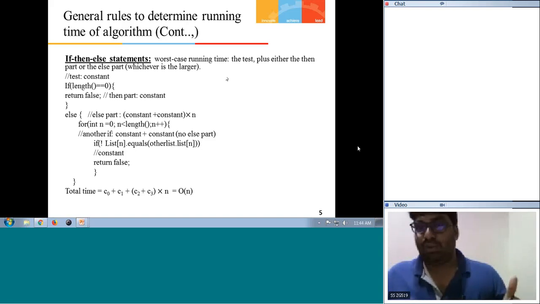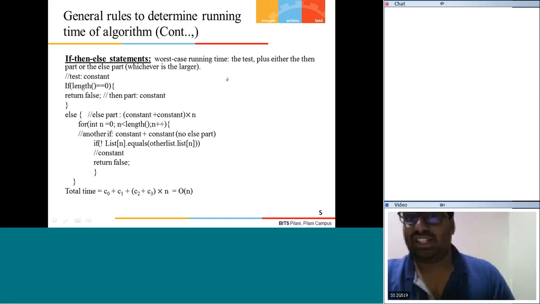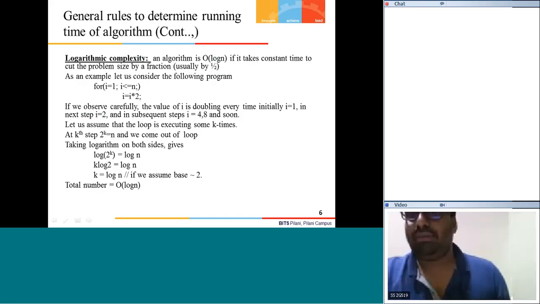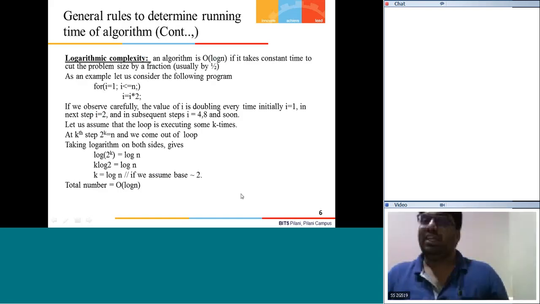Okay, got it. So I'm moving to the next discussion, that is logarithmic time complexity. Before going to logarithmic time complexity, have a look at my example where I am not incrementing by one. I'm incrementing by some constant multiplier, that is i is equal to i star 2.